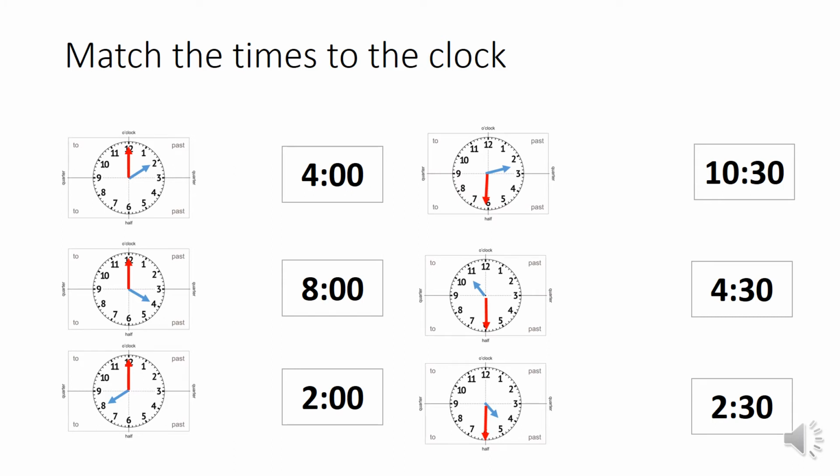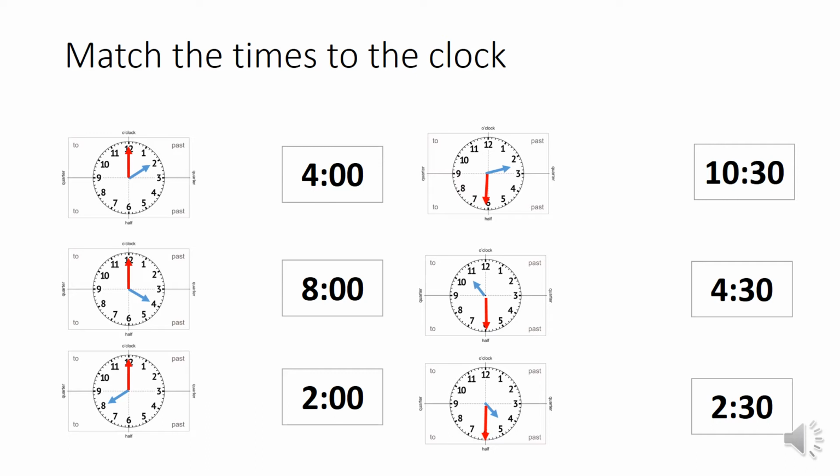I've got some times set in front of you: 4, 8, 2 o'clock, and on the right hand side 10:30, 4:30 and 2:30. Now the times that lie next to them are not the right times. You need to quickly in your mind draw a line between those. So where is 4 o'clock? Is it the first clock shown, the second clock shown, or the third clock shown on the left hand side?